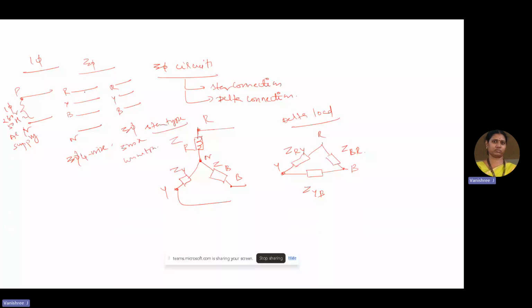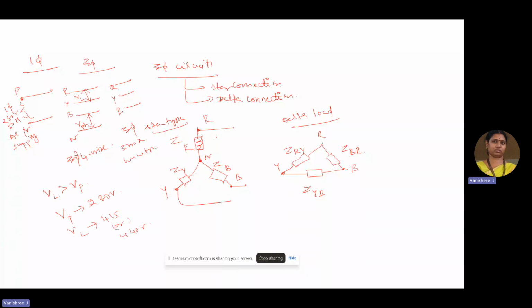Now, the measurement of voltage between any two phases is called line voltage, and the measurement of voltage between a phase wire and neutral is called phase voltage. Generally, the line voltage will be greater than the phase voltage. The phase voltage is around 230 volt, and line voltage will be 415 or 440 volt.